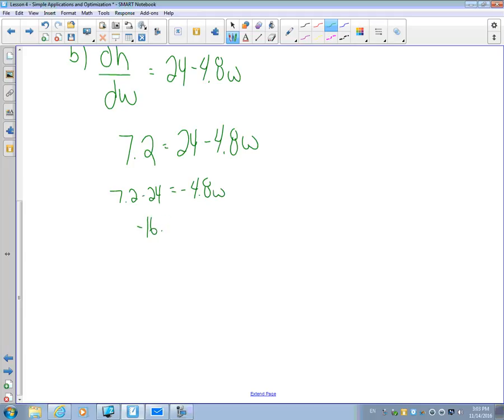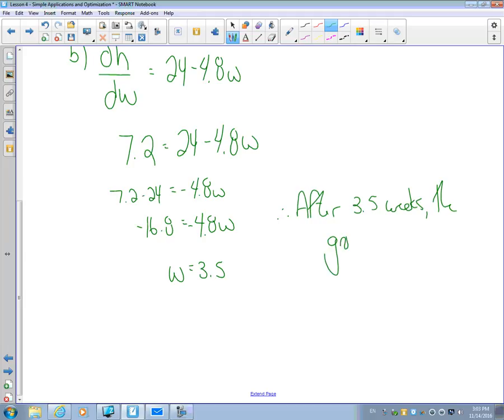If we subtract that, we get negative 16.8. And if we divide both sides by negative 4.8, we end up with W equals 3.5. So after 3.5 weeks, the growth rate is 7.2 centimeters per week.